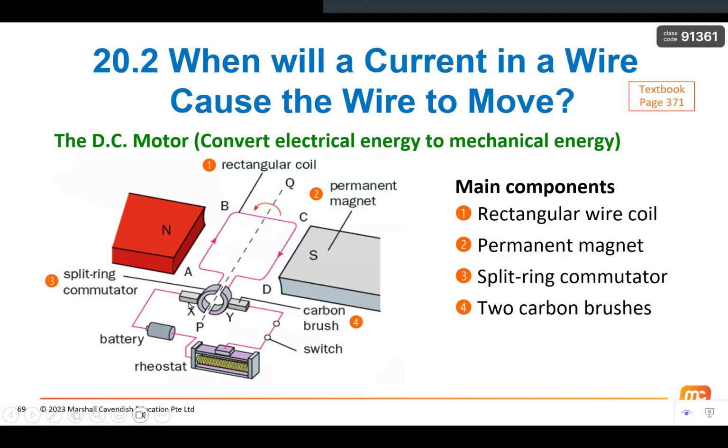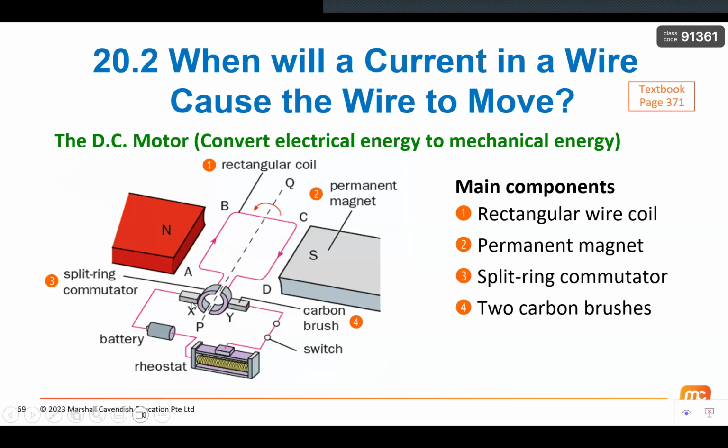Between the two halves of the split ring commutator, there are carbon brushes, which are labeled X and Y over here. Carbon brushes are used because the split ring commutator will keep turning, and I need to have an electrical contact with the wire. But I cannot just have a bare wire here while my split ring keeps turning, as there will be a lot of friction generated.